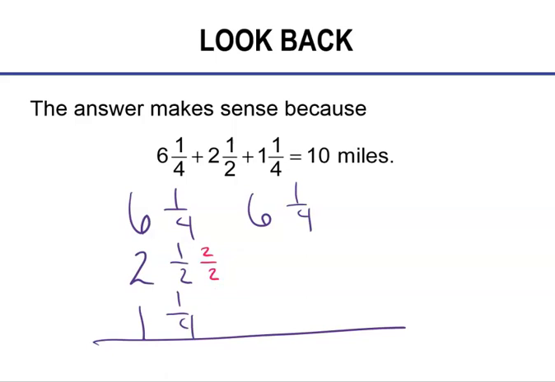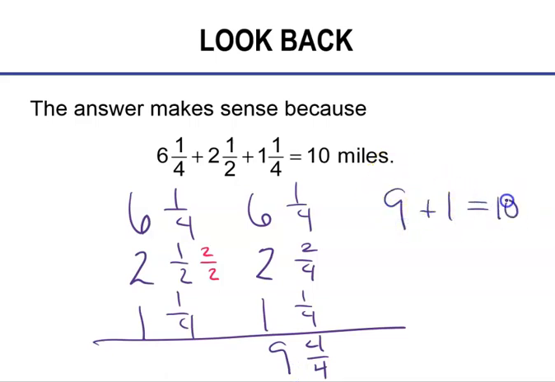And that's going to make this 2 2/4. And then 1 1/4, I'm just recopying. Now let's add down. 1 plus 2 is 3 plus 1 is 4/4. 6 plus 2 is 8 plus 1 is 9 4/4. Now, we know 4/4 is equal to 1, so that's 9 plus 1 equals 10 miles, right?